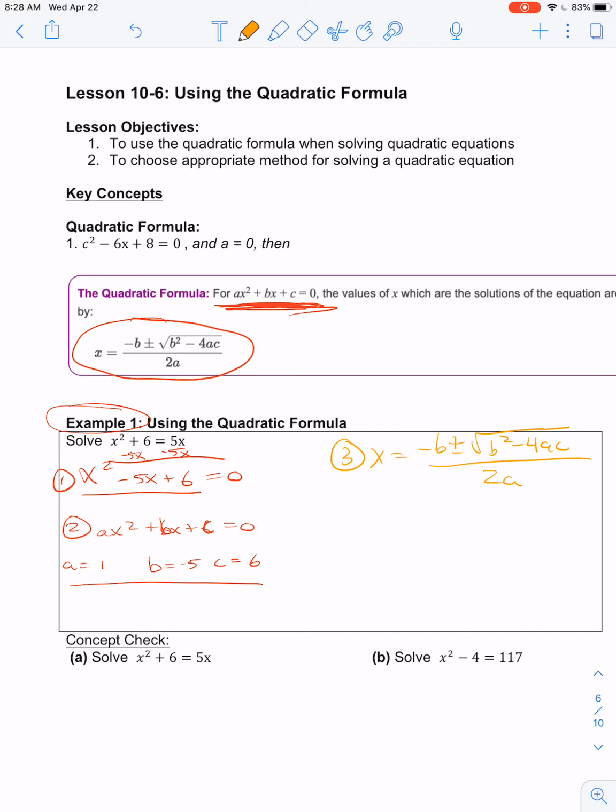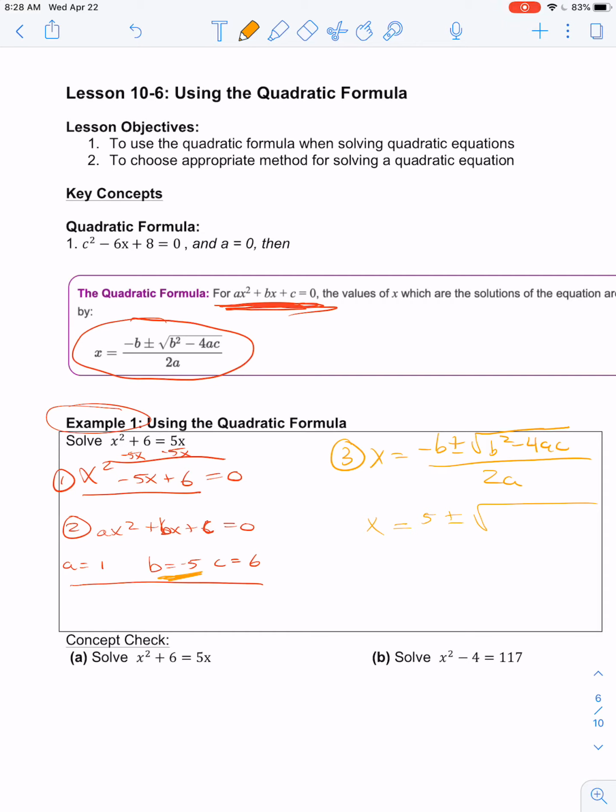So what does this mean in real life? Well, what we're going to do is take each of our values. So x equals negative b. So what was b? Negative 5. Well, what's negative of negative 5? 5 plus or minus the square root of b squared. Now we'll just go back to our b again.